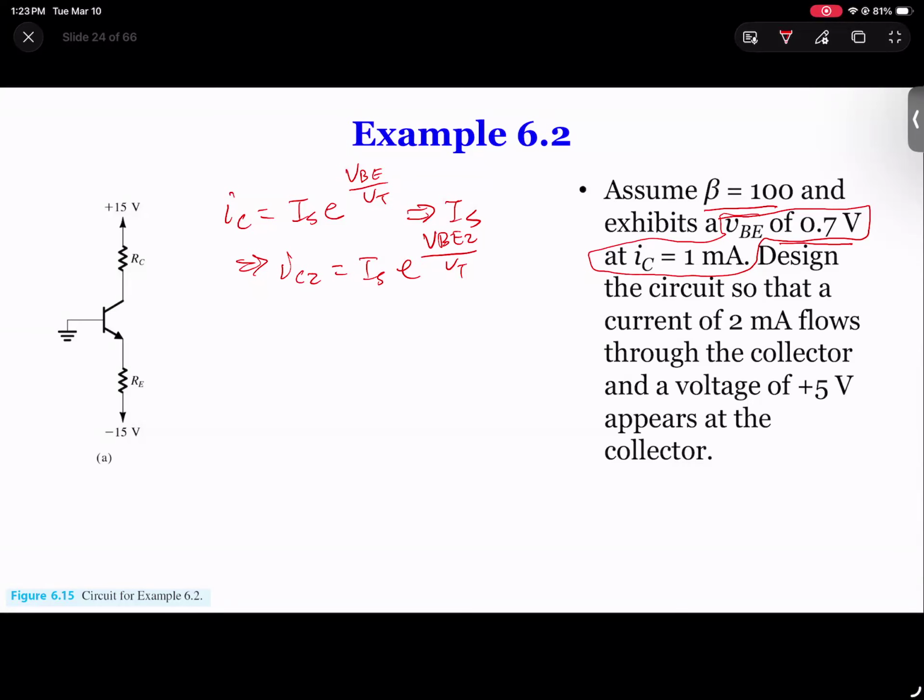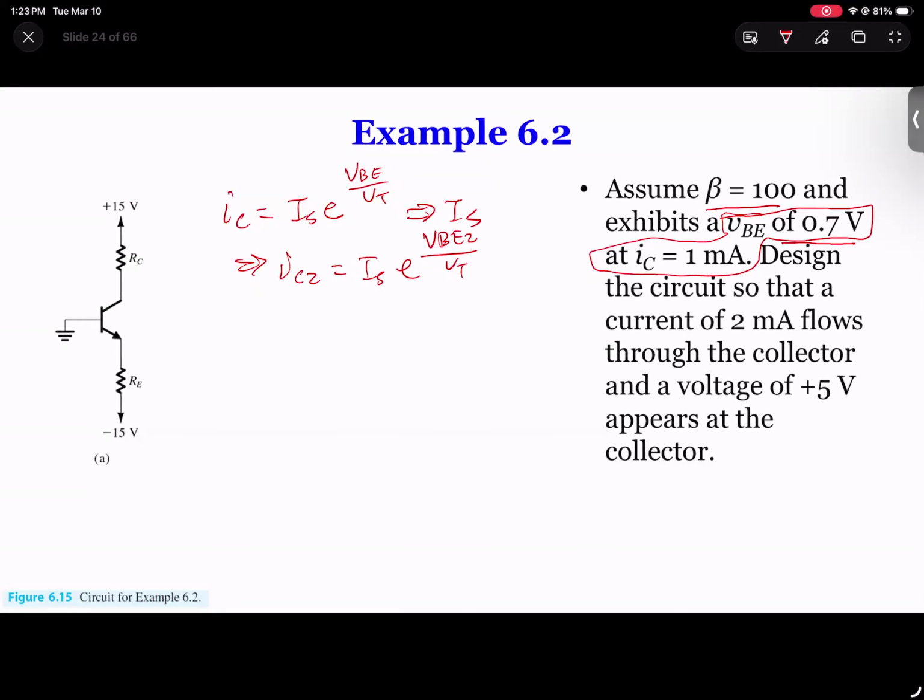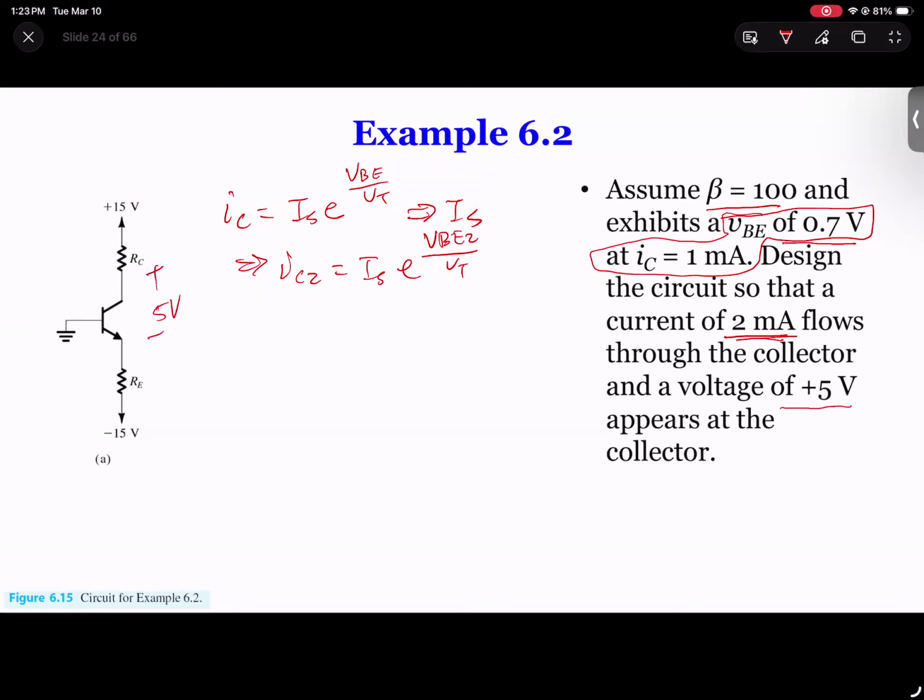Right. So it says to design the circuit so that 2 milliamps flow through the collector, with a voltage of 5 volts.